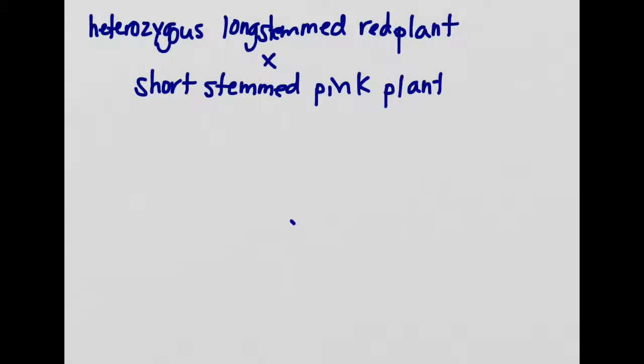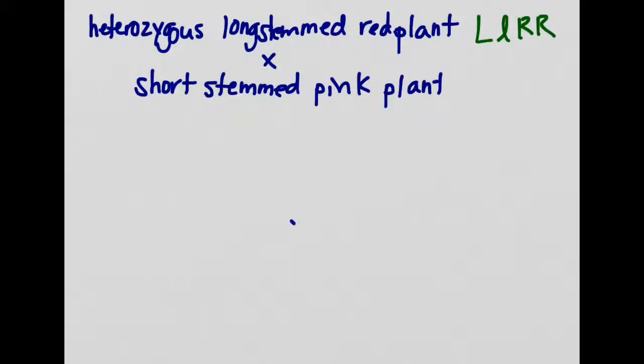So spend a second here thinking about what we are going to have for the genotype of the first parent, and then what the genotype of the second parent will be. And let's use L's as the alleles for long versus short, and for pink versus red, we will continue to use R and W. So the genotype of the first parent, hopefully you figured out, would be big L, little l, since it's heterozygous, and we know that it's red, so it can only have R's.